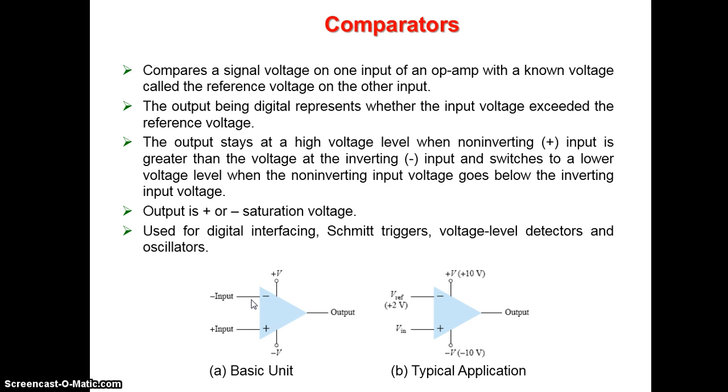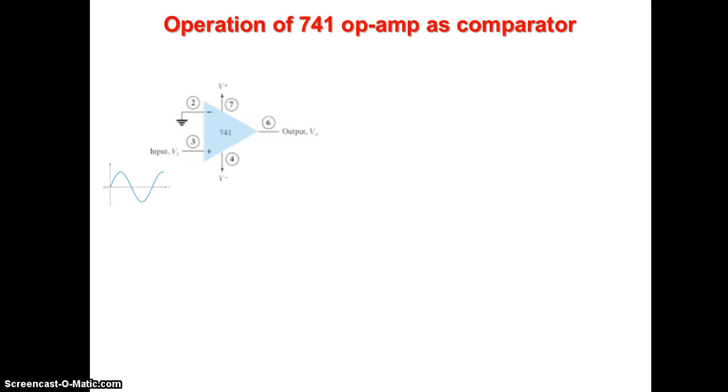I'll explain once again the detailed operation of a simple comparator. This is a comparator circuit. Here the inverting terminal I am grounding, so the voltage at the inverting terminal, say V1, is equal to 0.